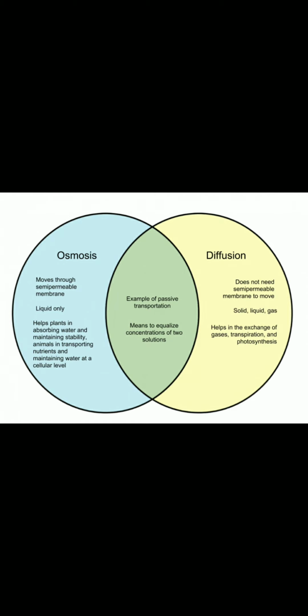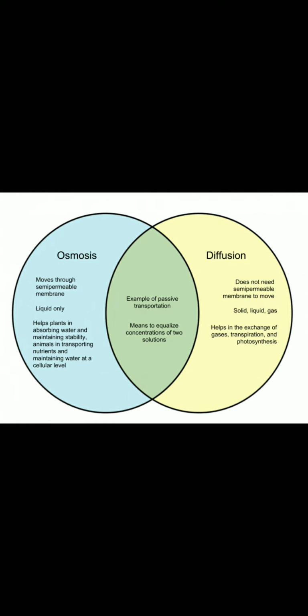Osmosis occurs in liquid only, while diffusion occurs in solid, liquid and gas. Osmosis helps plants in absorbing water and maintaining stability, and animals in transporting nutrients and maintaining water at the cellular level, as I already discussed. Diffusion helps in the exchange of gas, in the process of transpiration, and obviously in photosynthesis.